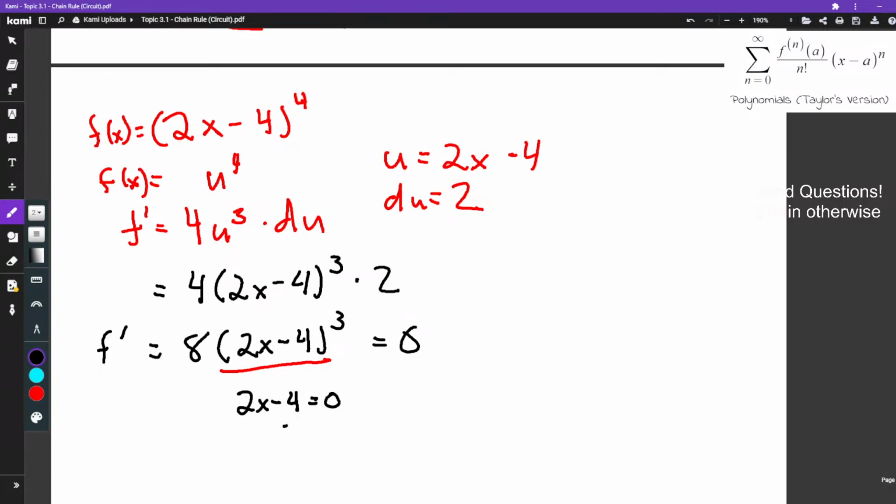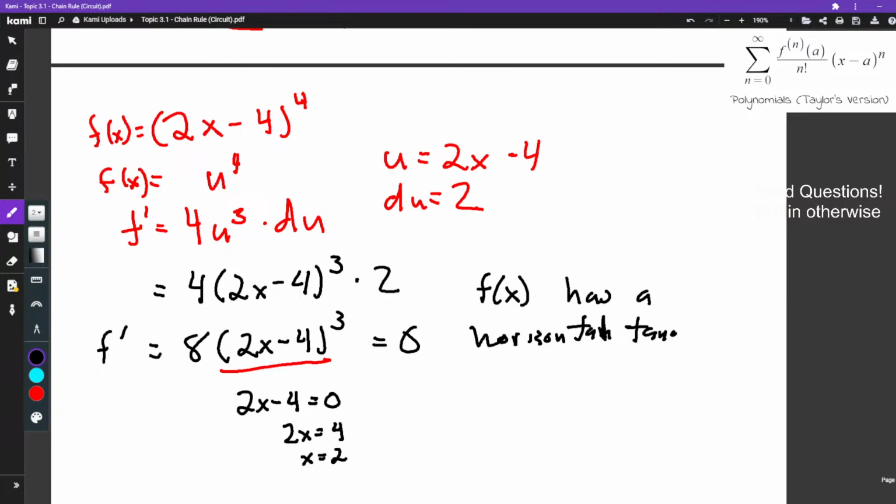Bring the 4 over, we get 2x is equal to 4, and then x is equal to 2. So the answer here is f of x has a horizontal tangent at x equals 2.